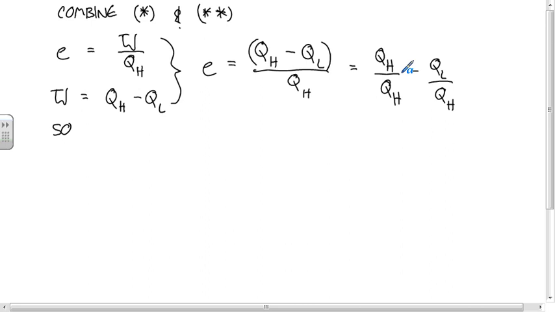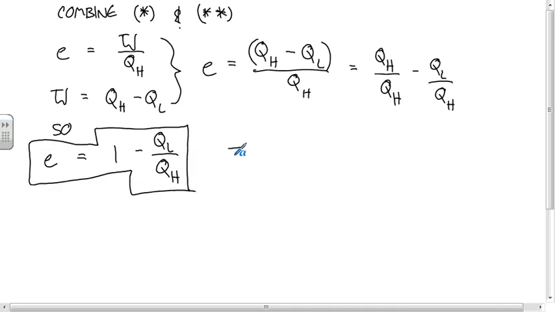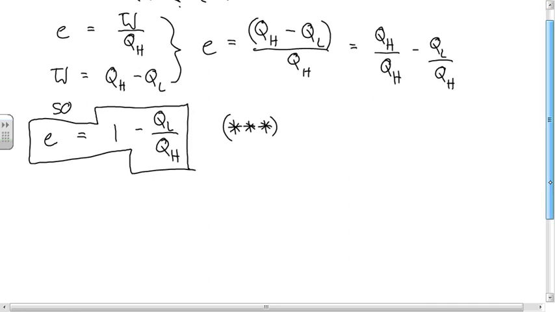Okay, QH over QH is equal to 1. And so another way we can express the efficiency is 1 minus QL over QH. And I guess I'll call that triple star because these three equations are closely related. You saw I just derived the third one from the other two.